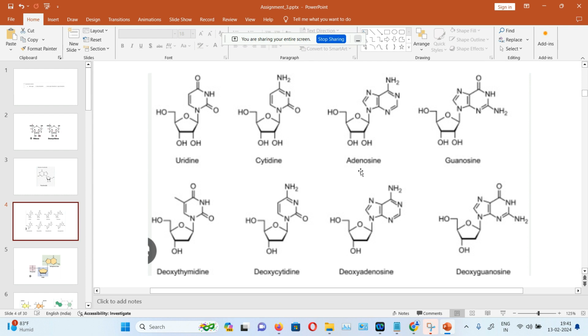These are the nucleosides with ribose sugar. With deoxyribose sugar, they become deoxycytidine, deoxyadenosine, deoxyguanosine, and deoxythymidine. There is a difference: the nitrogen base is not uracil; it becomes thymine.